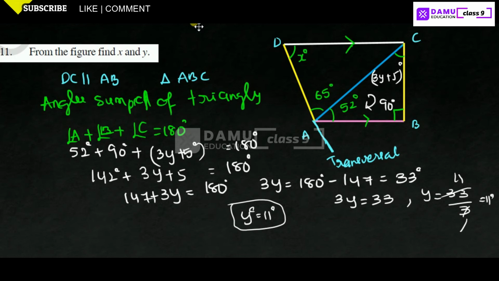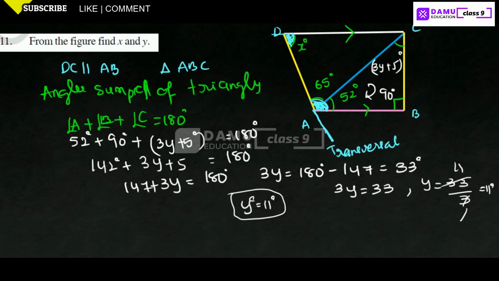Now this angle and this angle, these two angles are interior angles. Both angles are interior angles on the same side of the transversal. So you can write one thing here: interior angles on the same side of the transversal will sum to 180 degrees.